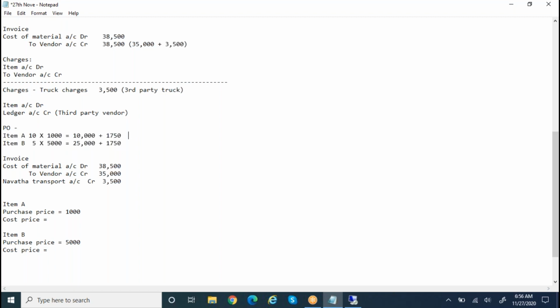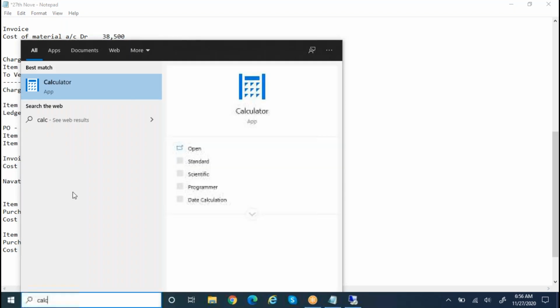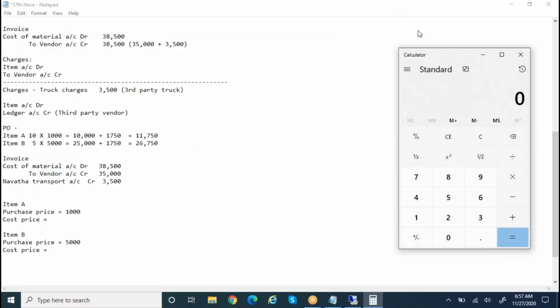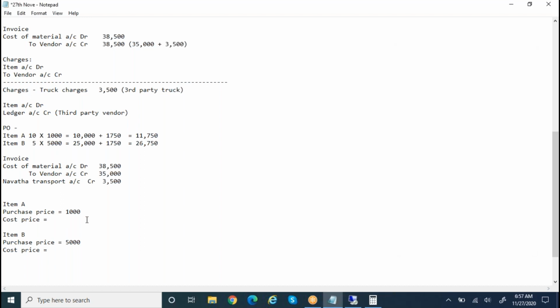Then it will become 11,750 and 26,750. Now if you take the calculator, 11,750 divided by 10, it is 1,175, which is the cost price.